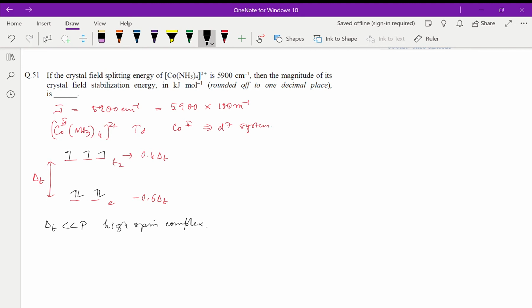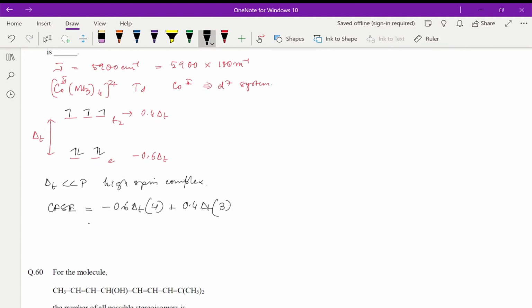If we calculate the CFSE value, it is 0.6 delta T into 4 plus 0.4 delta T into 3, and that is going to be 1.2 delta T.